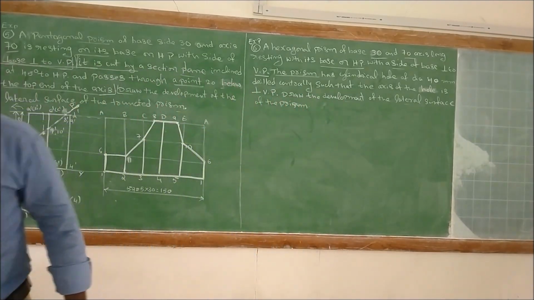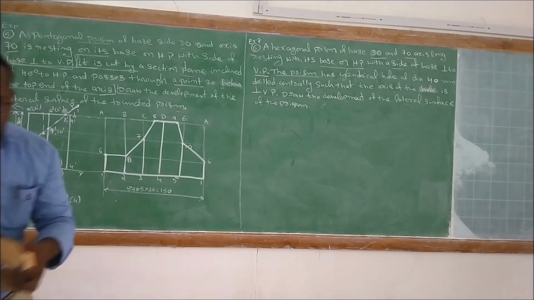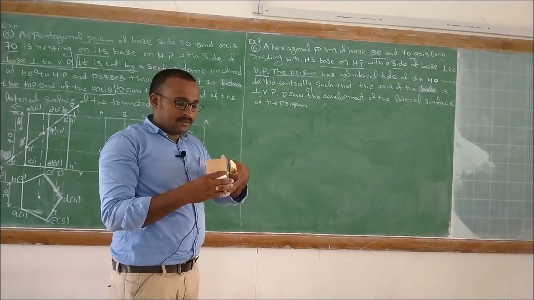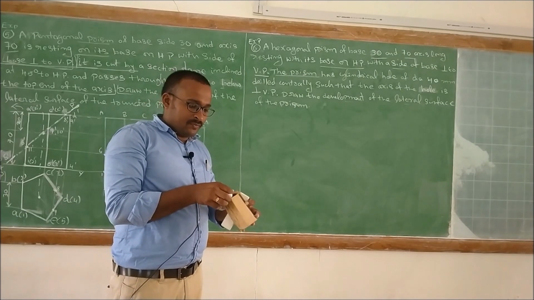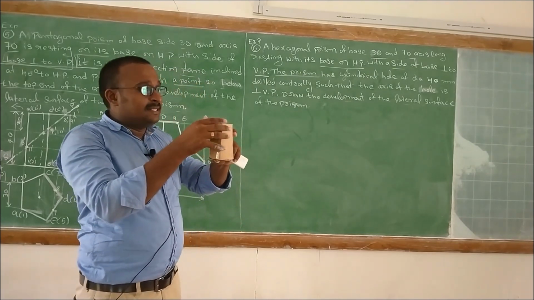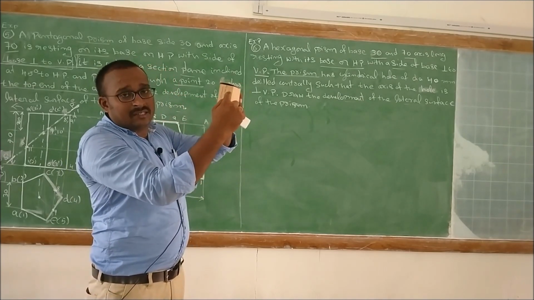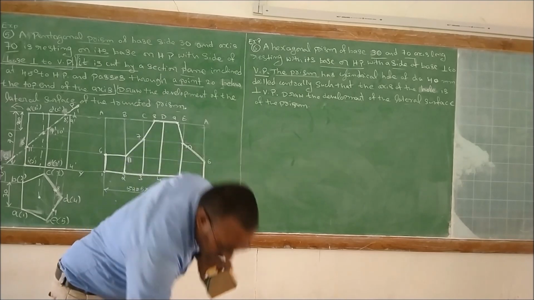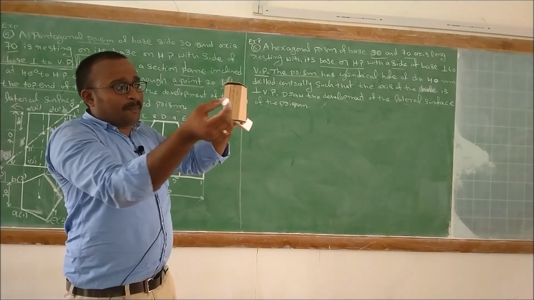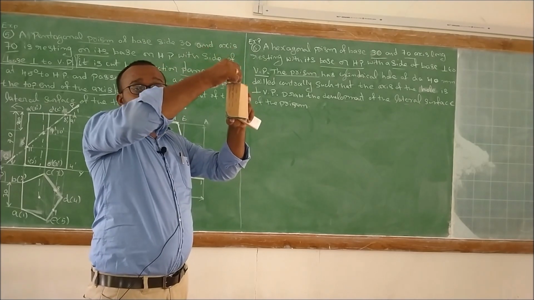So here the prism is centrally drilled. If you have a hexagonal prism like this, exactly at the center the hole axis is perpendicular to the VP, not perpendicular to the HP.